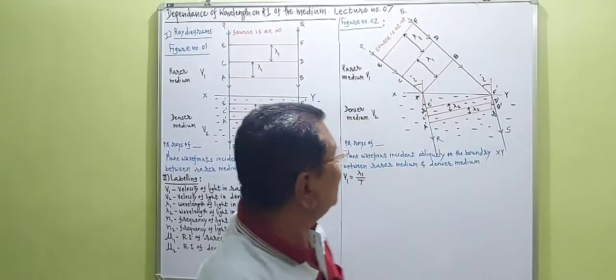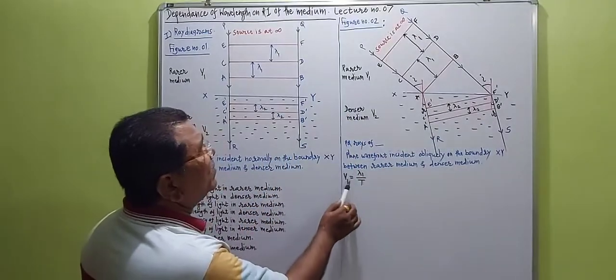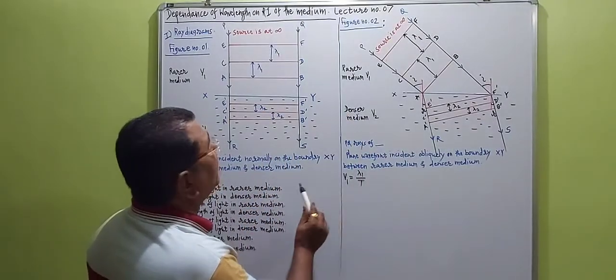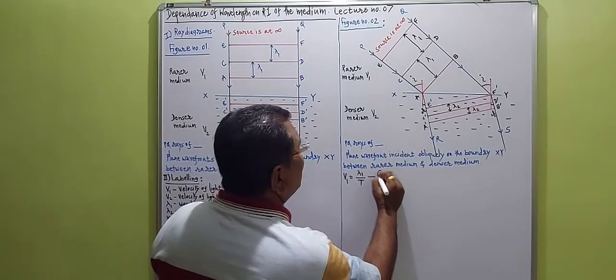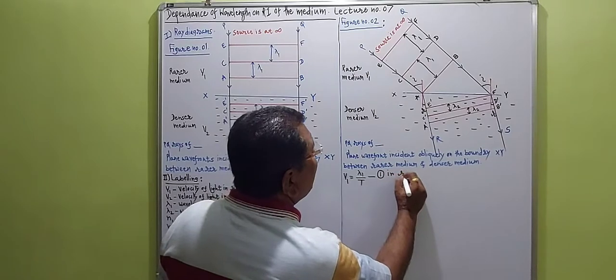So distance upon time is the velocity. V1 is equal to lambda 1 upon capital T. This is the formula. We will write here equation number 1, in the rarer medium.